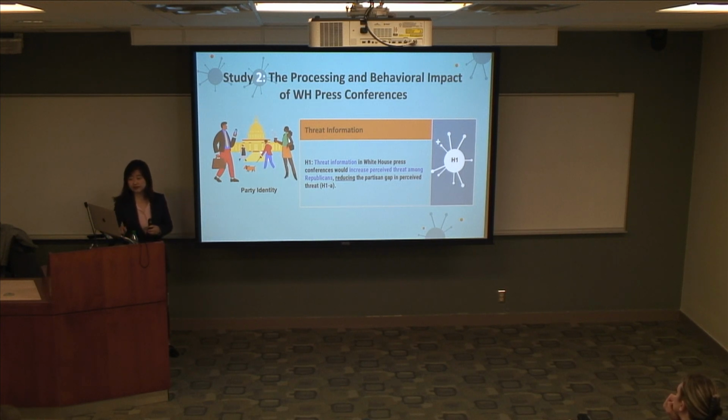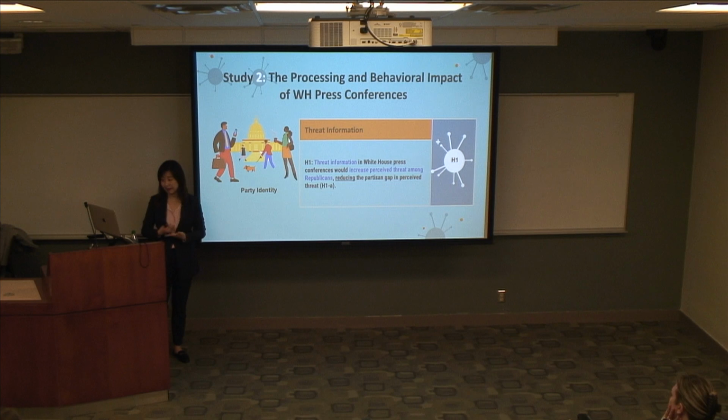Based on the existing literature, the assumption is that Democrats already had high levels of perceived threat, whereas Republicans had relatively low levels of perceived threat at the beginning of the pandemic. Then the strategy for the White House to reduce the partisan gap should be increasing the perceived threat among Republicans.